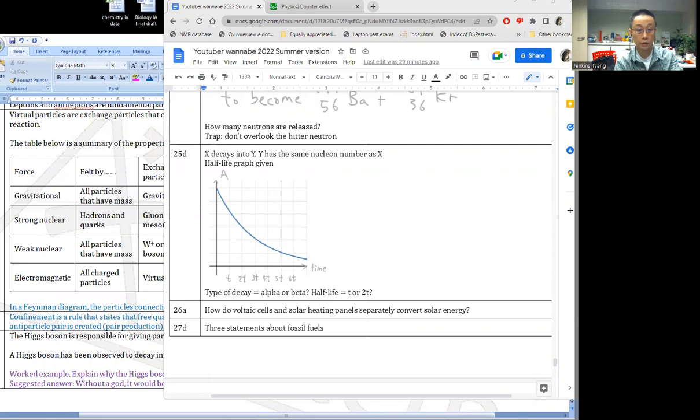That's what we call the alpha particle. The half-life is also fairly easily figured out, because all you need to do is look at the y-axis with initial activity and find the time when activity is halved. So clearly the half-life is going to be 2t. And the answer is choice D.